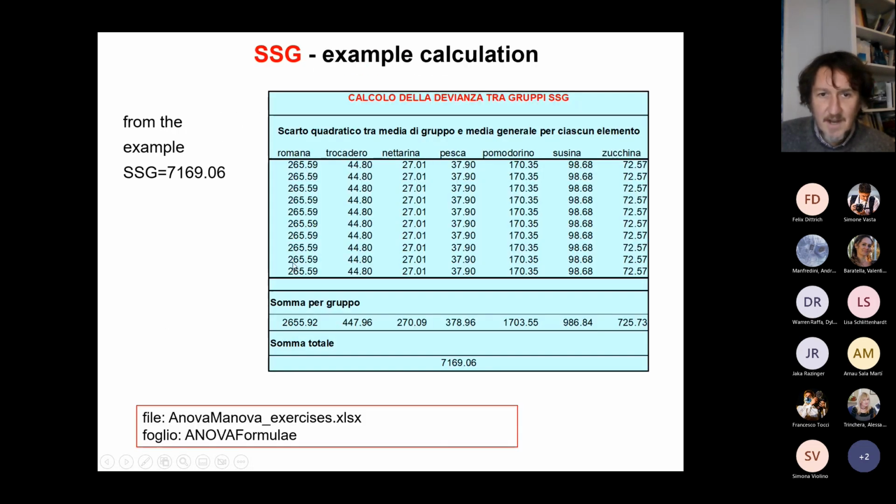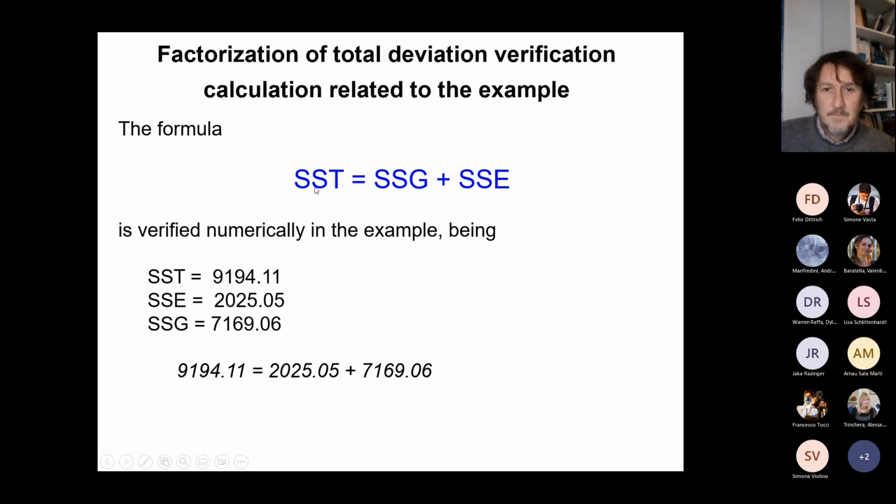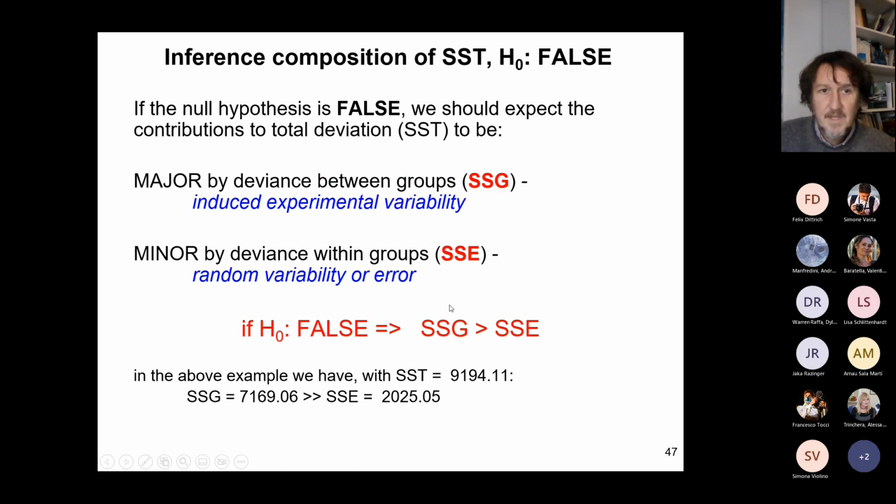So here you can see that the values are always the same. This is the sum for each group and the grand sum. So SST, 9,000, etc., is equal to these two values. It is demonstrated.